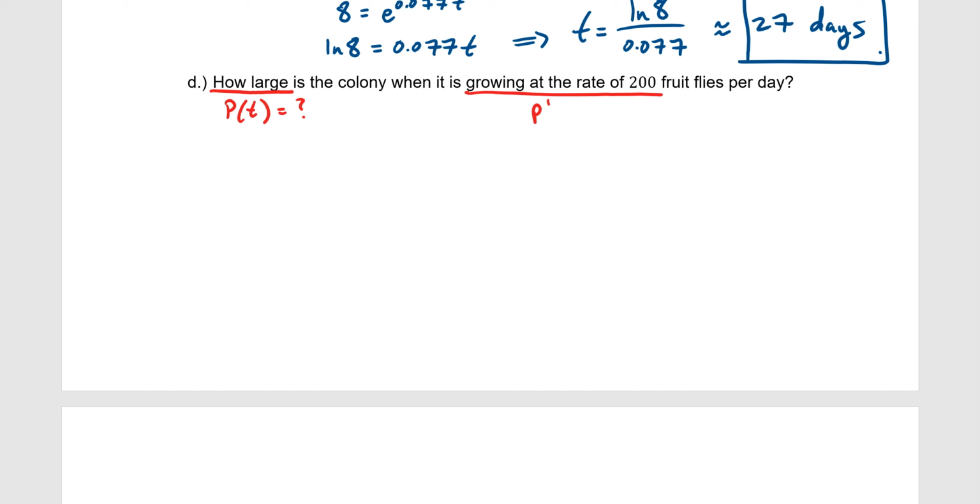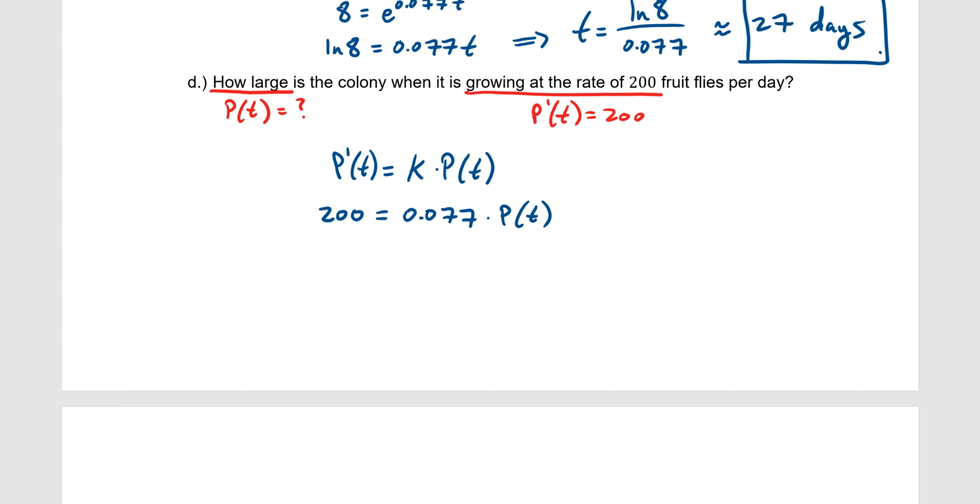We're given that p prime of t equals 200, and from that we should be thinking about the differential equation, y prime equals k times y. I'm just going to plug in p instead of y. P prime of t equals k times p of t. P prime of t equals 200. We know that k is 0.077, and we're looking for p of t.